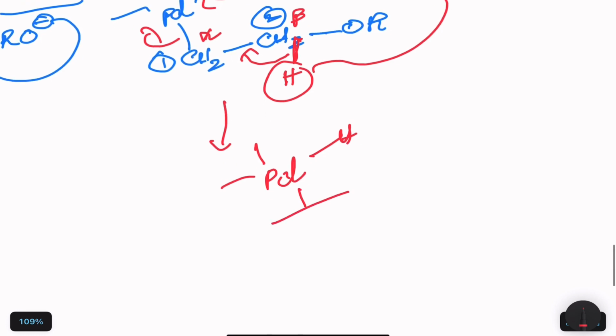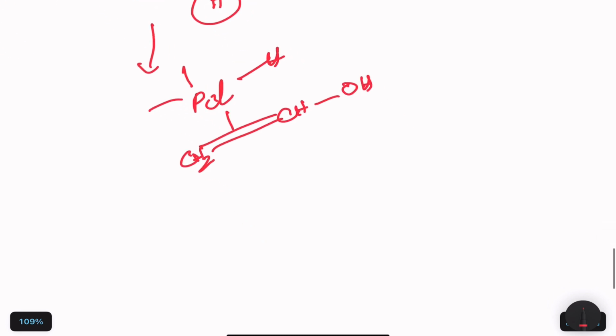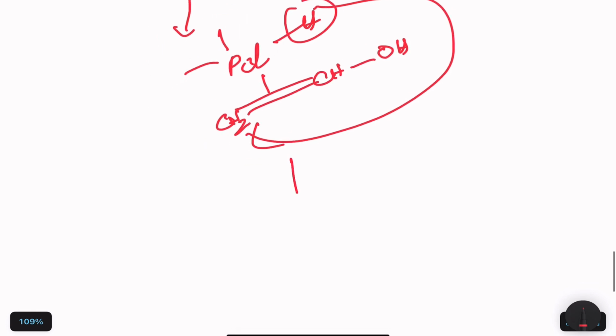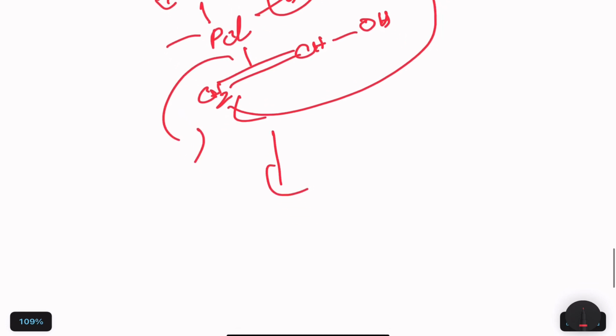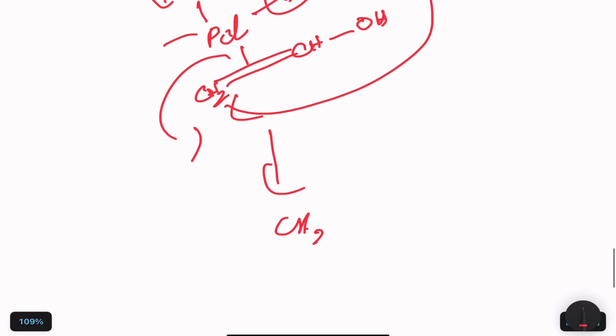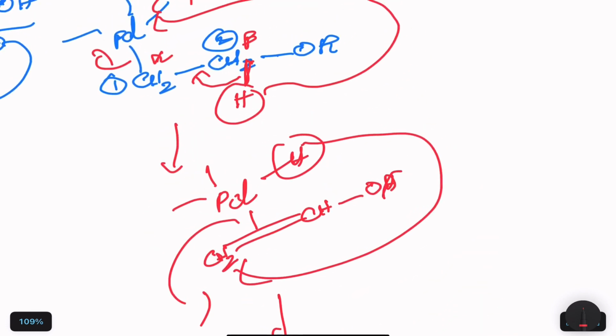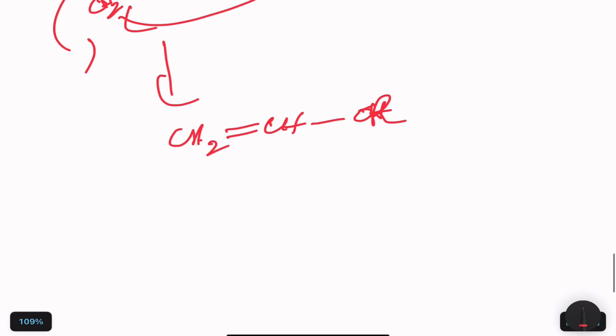It will look like this, CH2, CHOR. Now also this hydrogen will not come and transfer here. That is not going to happen. This compound is just released. So vinyl CHOH, no, OR. This is OR, right? See, OR. Okay. So this is vinyl ether.